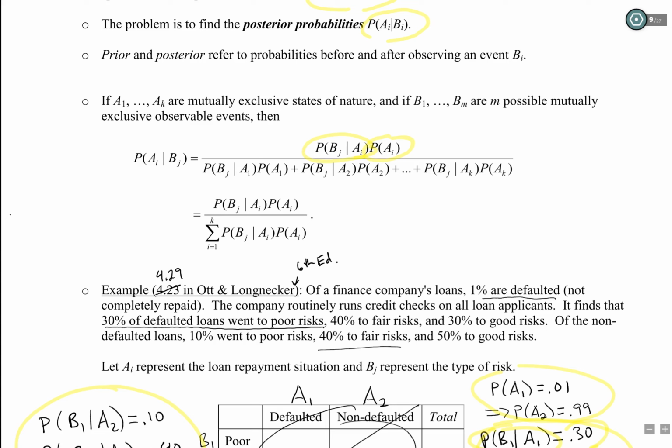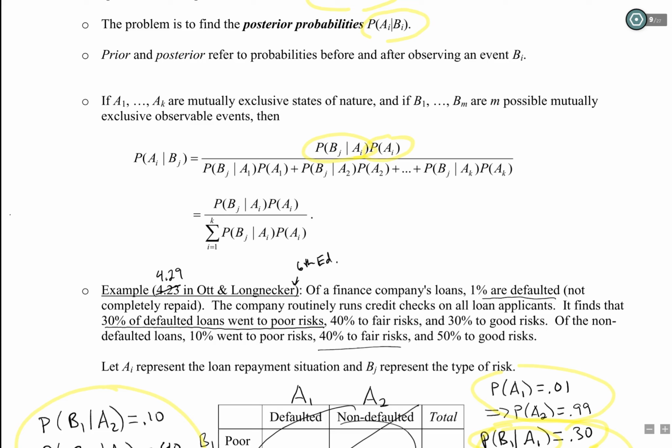In the denominator, we do a similar computation, except we cycle through every state of nature. So you see here it's the probability of BJ given A1 times P of A1, plus the probability of BJ given A2 times P of A2, and so on all the way through P of BJ given AK times P of AK, if there are K states of nature.